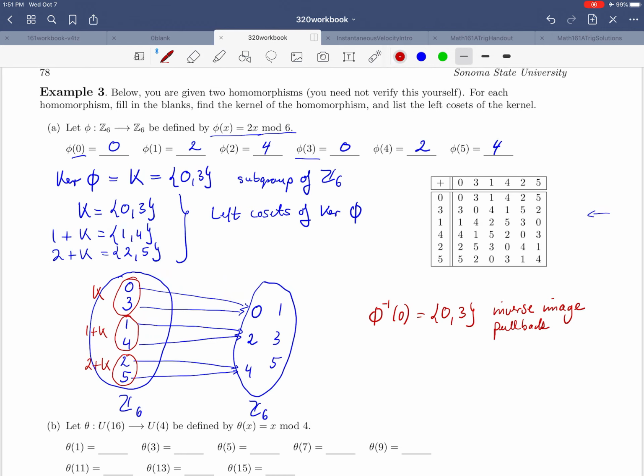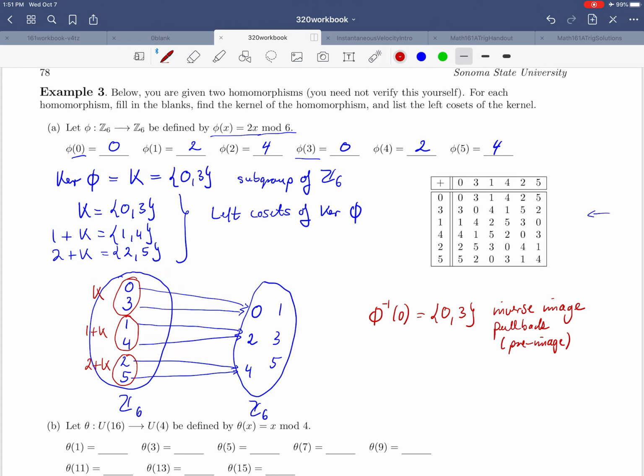And in a different course, you may have seen this referred to as the pre-image. Our book doesn't call it that, but I may refer to it by it every once in a while just because I'm used to that from teaching real analysis in particular.